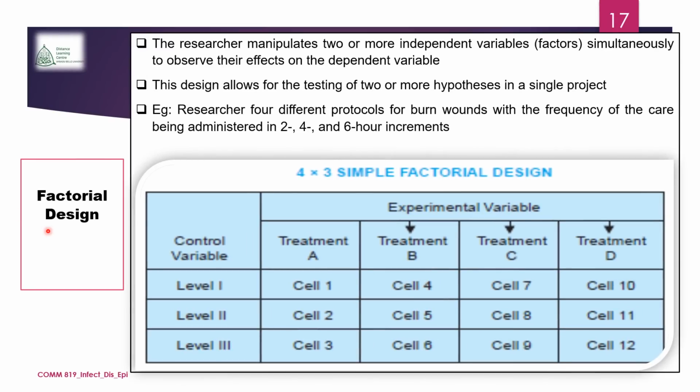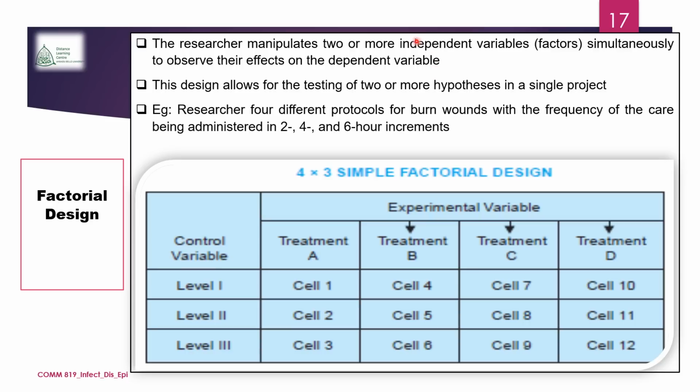So we have another experimental analytical design, which is the factorial design. Here, the researcher manipulates two or more independent variables, which are our factors, simultaneously to observe their effects on the dependent variable.